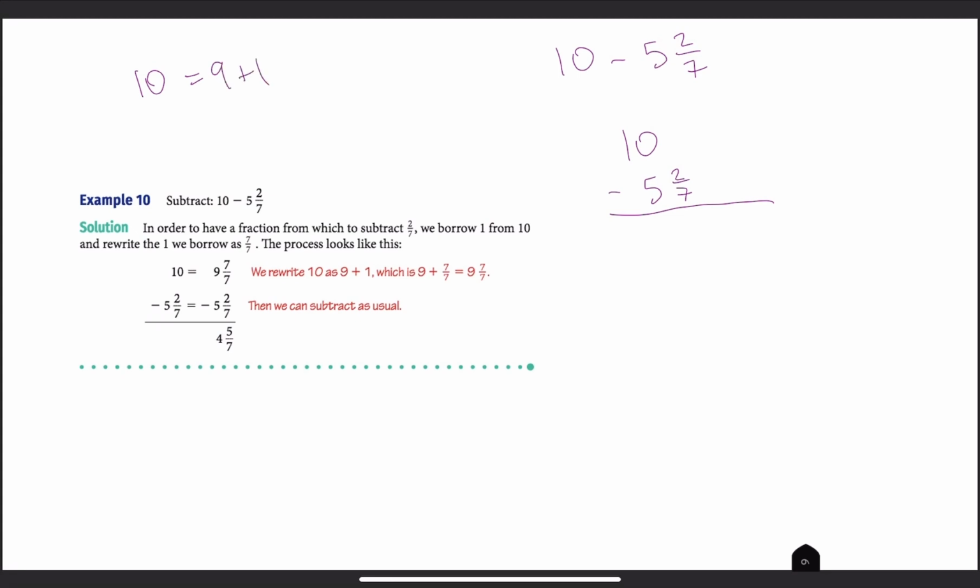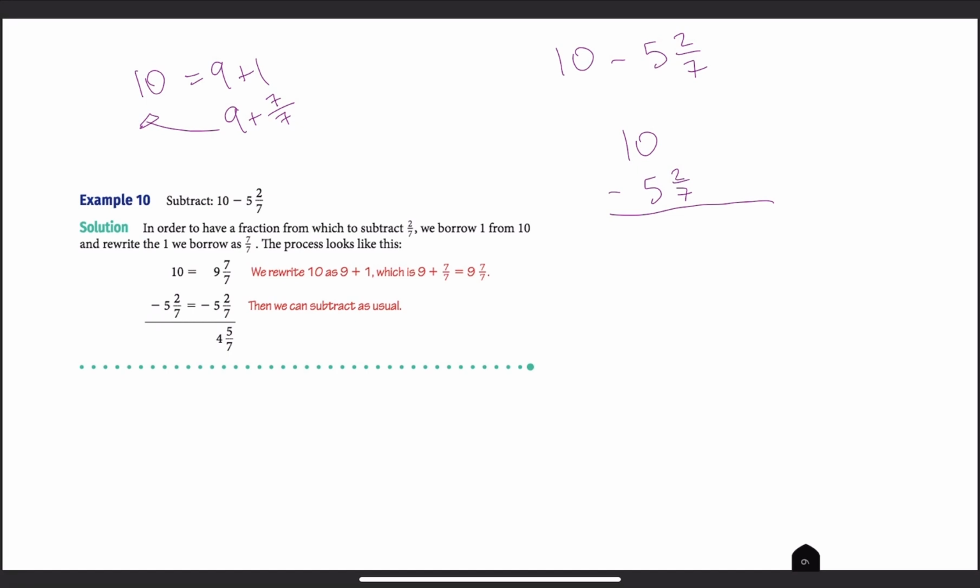And then instead of 1, I could write 3 over 3 or 2 over 2. But in this case, because it's in sevenths, I'll write 7 over 7. Now, 7 over 7 is 1, and 9 plus 1 is 10. So I can still get back to 10 anytime I want.